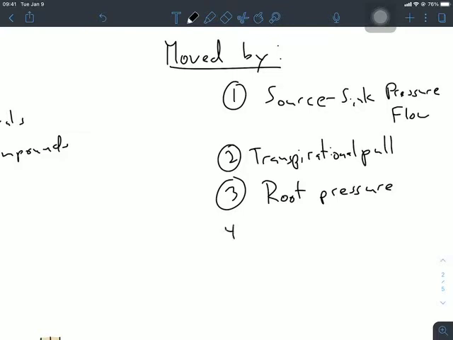And then our fourth major force is cohesion tension. So water staying together and wanting to pull itself up the vascular column because it's being pulled out by that transpirational pull.